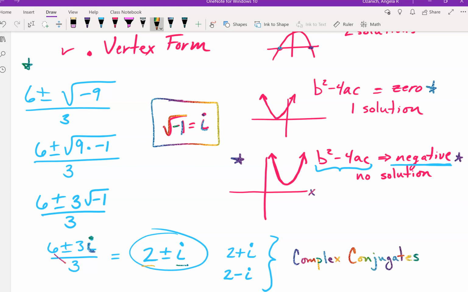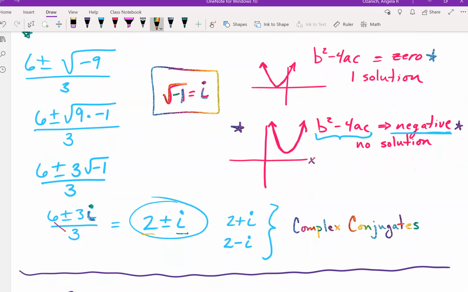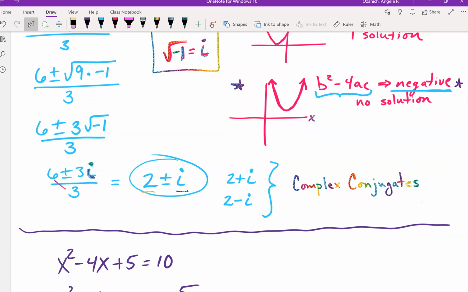Okay, so we are going to be using these as imaginary solutions when we are breaking down our polynomials. So all of these skills are going to be super important as we start to play with polynomial functions.